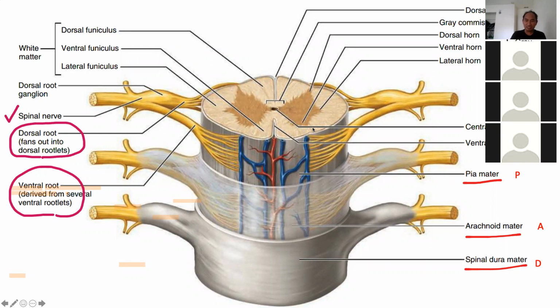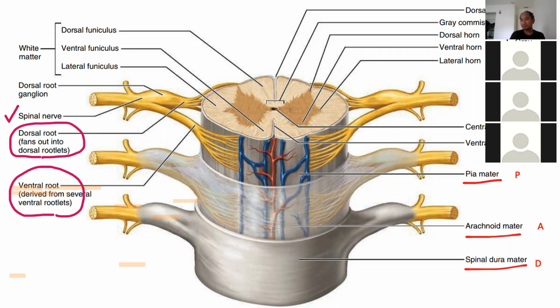And the central nervous system, like the brain and spinal cord, is covered with the meninges. The meninges have 3 layers: outermost dura mater, middle arachnoid mater, and innermost pia mater. Pia mater is very much stuck to the spinal cord substance. It is so difficult to peel off from the spinal cord.